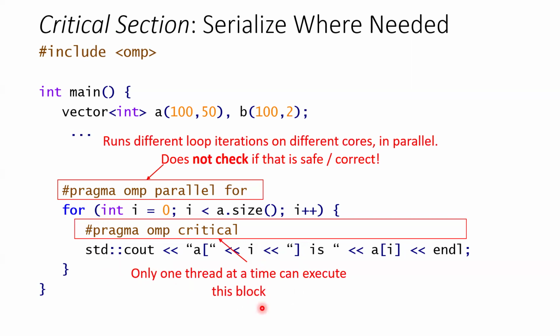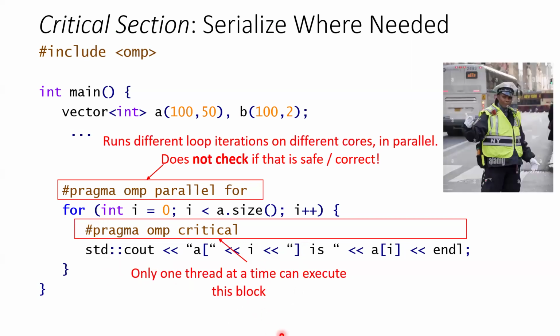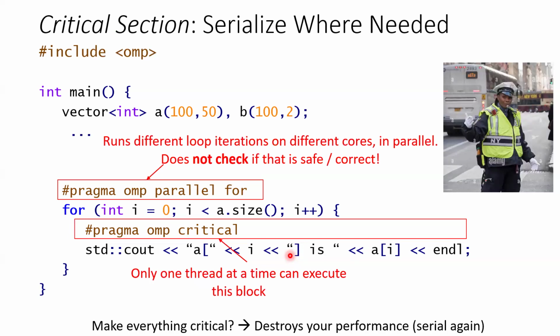You can surround them by brackets and see if it does anything, because it's done by the compiler. So yeah, making them critical just means that we're putting a lock there and only one thread can grab this lock at the same time. But making everything critical will destroy your performance because it's serial, essentially.